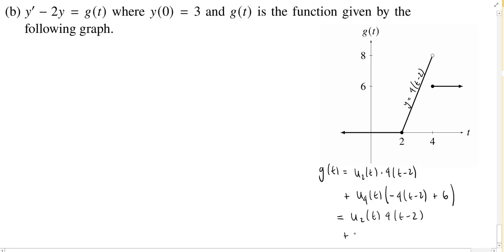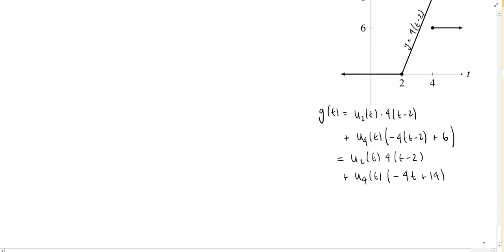For the u4, again, I probably want to have some shift by 4. So let's see what we have. I have a negative 4t, and then negative 4 times negative 2 is 8. 8 plus 6 is 14. So I have negative 4t plus 14. Now, I don't want to leave it this way. I want to have a shift by minus 4.